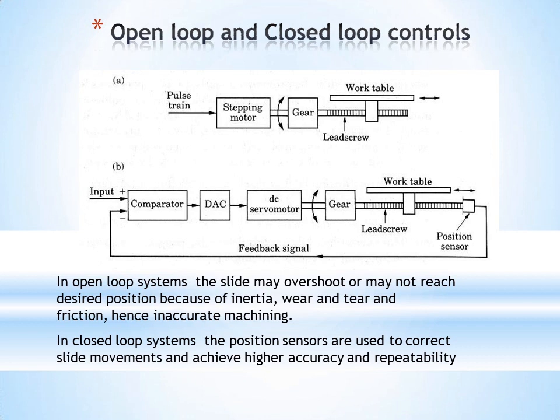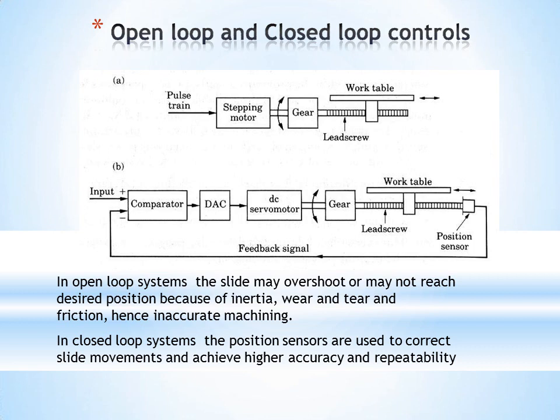This is the open loop control system, but we are not using it in the CNC because the slide may overshoot or may not reach the desired position as we expect. There may be reasons such as inertia, wear and tear, or friction.